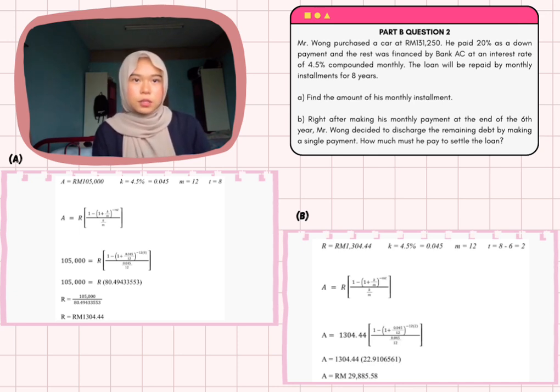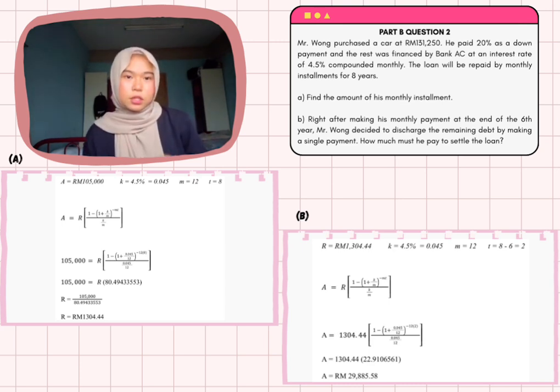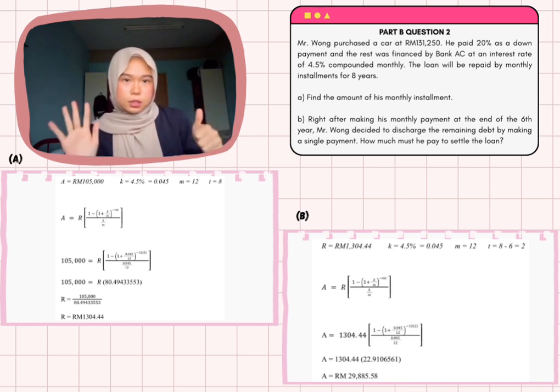And finally, for the last question, which is B: right after making his monthly payment at the end of the 6 years, Mr. Wong decided to discharge the remaining debt by making a single payment. How much must he pay to settle the loan? Basically for this question, we use the same formula, but we need to change the value of t to 2 years, because at first the duration is 8 years, but now 6 years have passed.